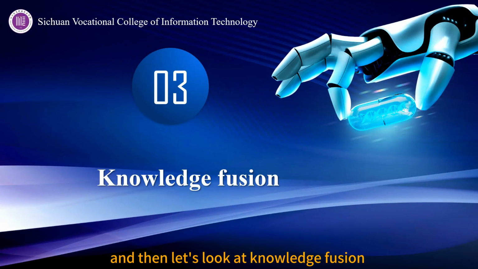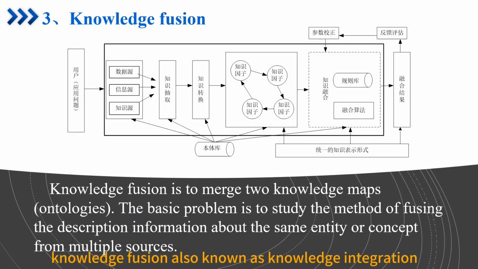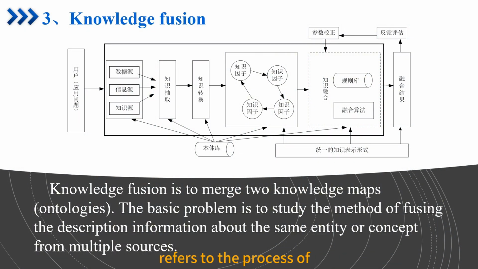And then let's look at knowledge fusion. Knowledge fusion, also known as knowledge integration, refers to the process of combining information from multiple sources to generate a more comprehensive and accurate representation of knowledge.